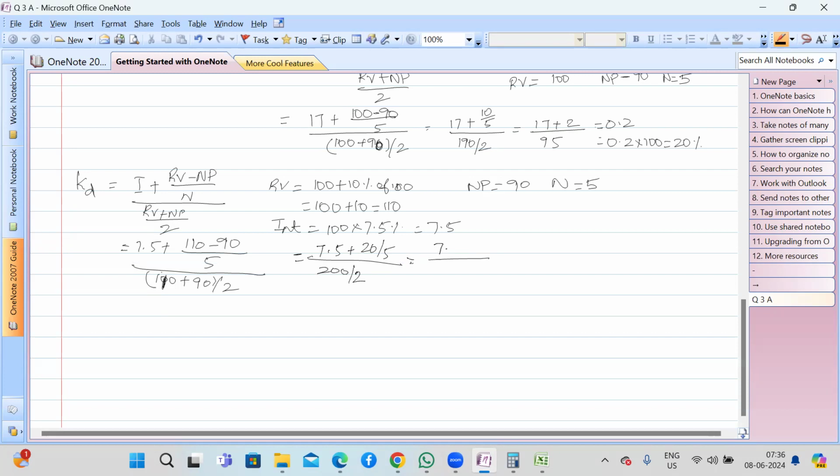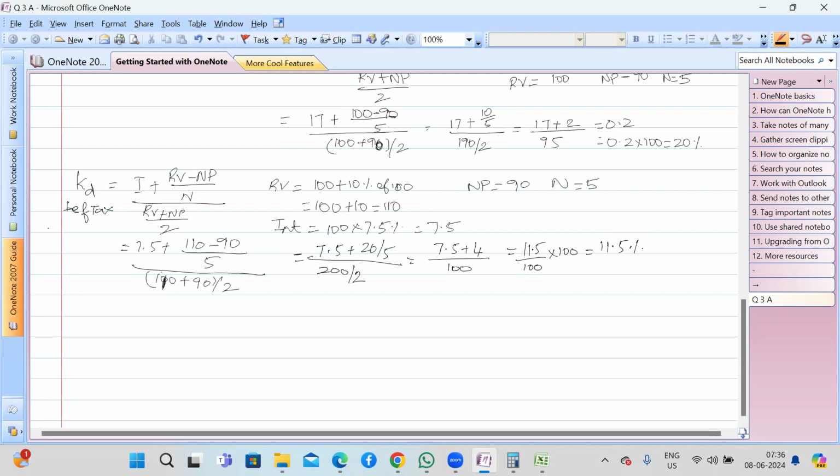So again 7.5 plus 4, as 20 divided by 5 is 4, and here it is 100. So 11.5 divided by 100. If I want to get it in percentage, I apply 100 again. That means I will be getting 11.5 percent. Remember, this is before tax. Okay, KD before tax we have calculated.